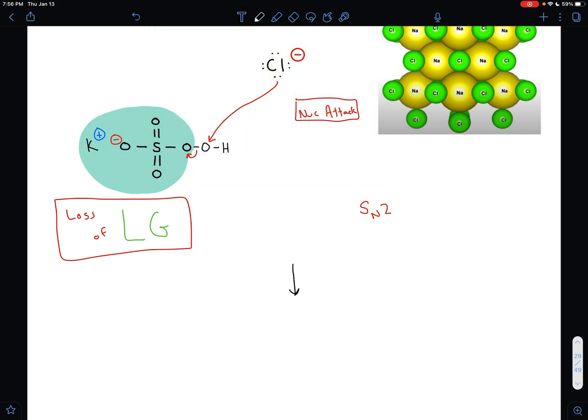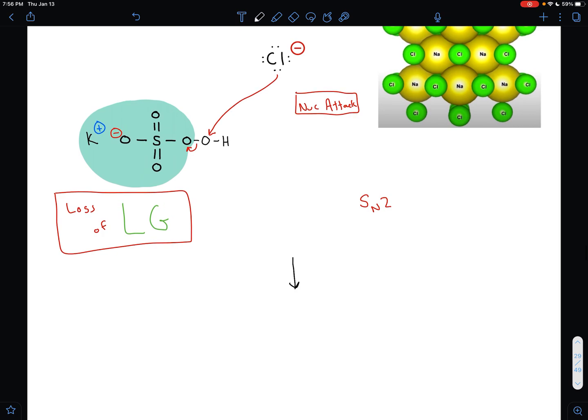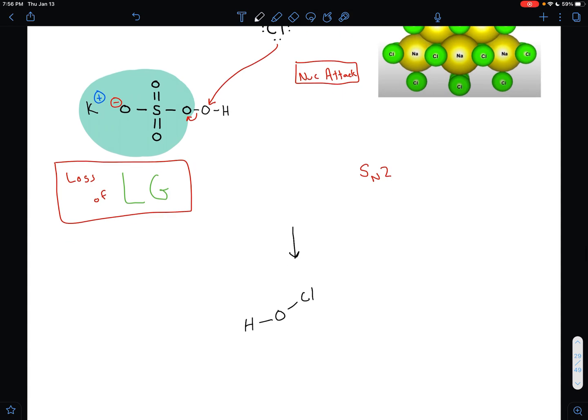And so after this first step, what we're left with is this molecule here. We have this oxygen. The chlorine has attacked it, and the oxygen is also still bonded to this hydrogen. And this is something called hypochlorous acid.